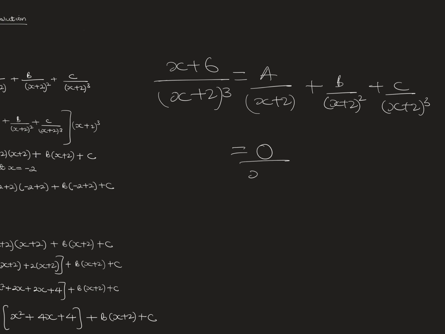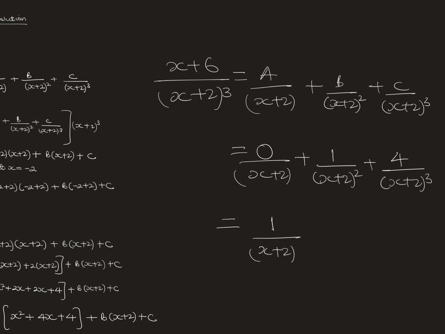So that will be 0 all over x plus 2 plus, we said b is 1, so that will be 1 divided by x plus 2 all squared plus c, we calculated that as 4, that will be 4 all over x plus 2 to the power 3. Then we're going to have just 1 all over x plus 2 squared plus 4 all over x plus 2 to the power 3, and that answers the question. So this is the answer in partial fraction.